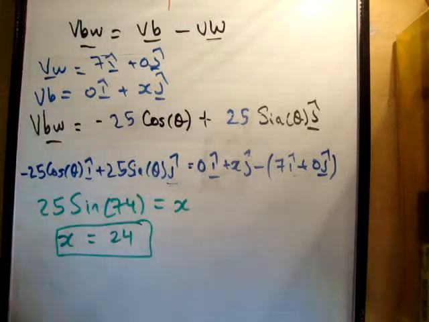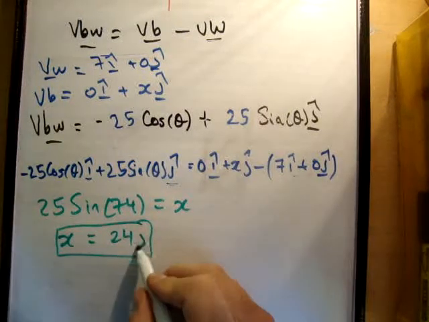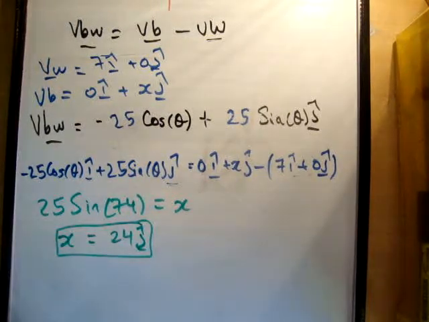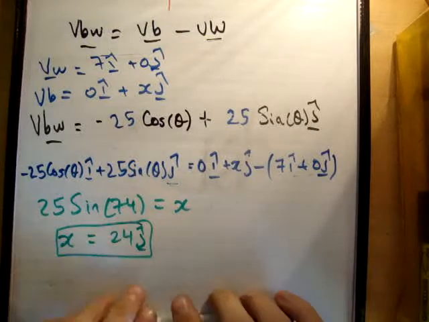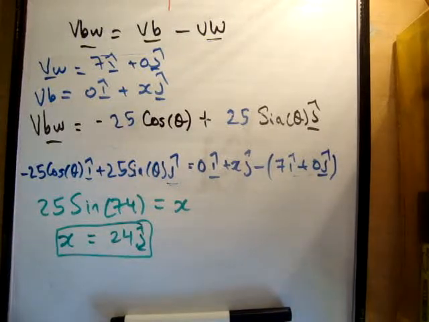Now which direction is it going in? It's going in the j hat direction, so x is equal to 24 j hat. And we're asked to find the angle which the velocity relative to the river makes with the bank. So let's first find out if our answer was correct. It's 4b question 9, 73.44, yeah, that was correct.